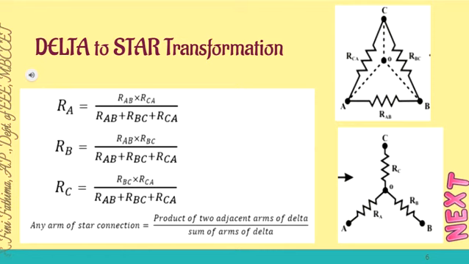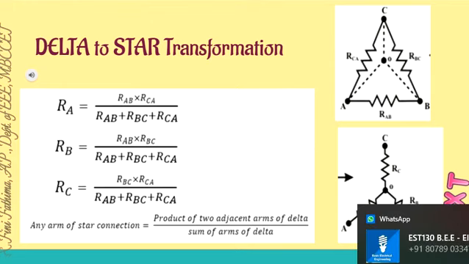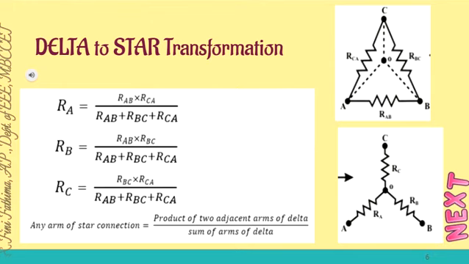Okay, now we will check RA. How will we find the resistance RA? We have to find the product of the adjacent sides.